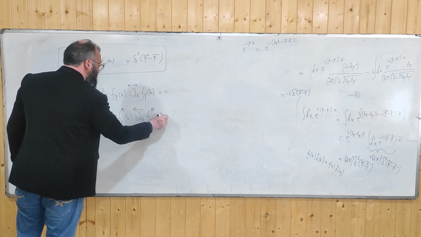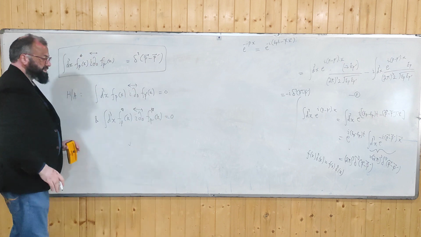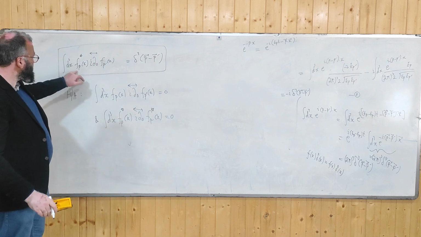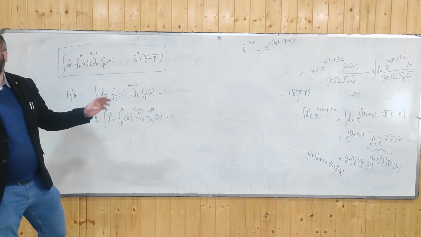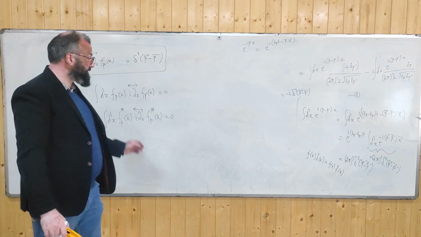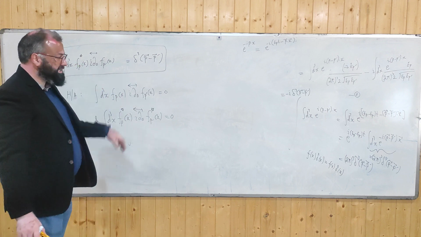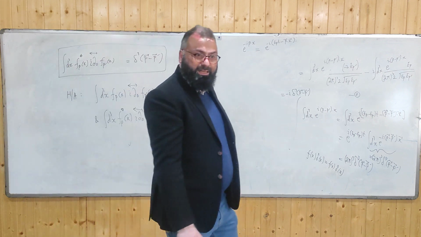When both are starred or both are unstarred, it is equal to 0. When one is starred and another is unstarred, it is equal to the delta function. Whether you put the star here or here, it will be the delta function always. Clear? Understood?